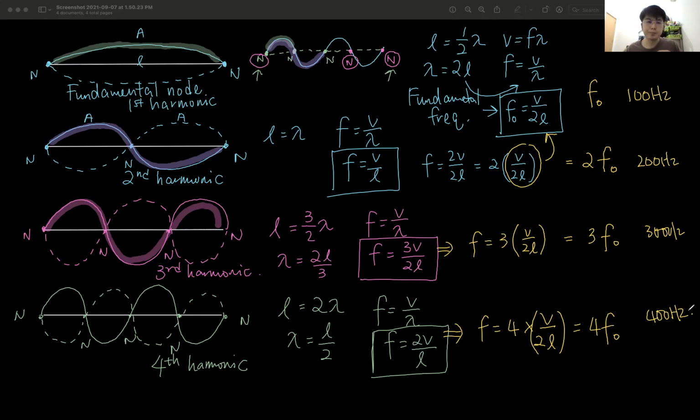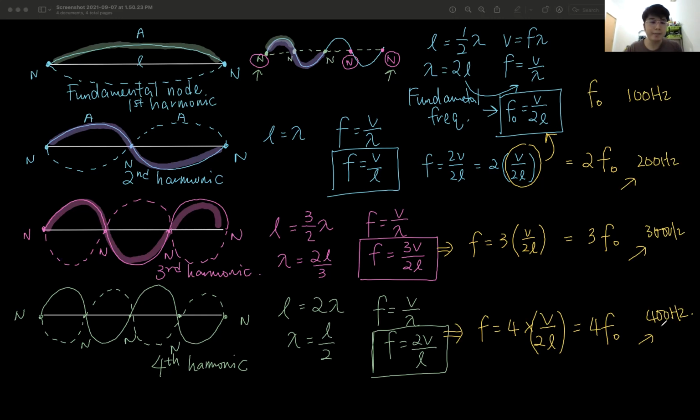Okay, so all the patterns form together in the stationary waves in a string. Which one do you hear the loudest? Again, it is always the fundamental mode that you hear the loudest, which is the 100 Hertz. Okay, but the others are very soft. It's very hard to hear all these frequencies.